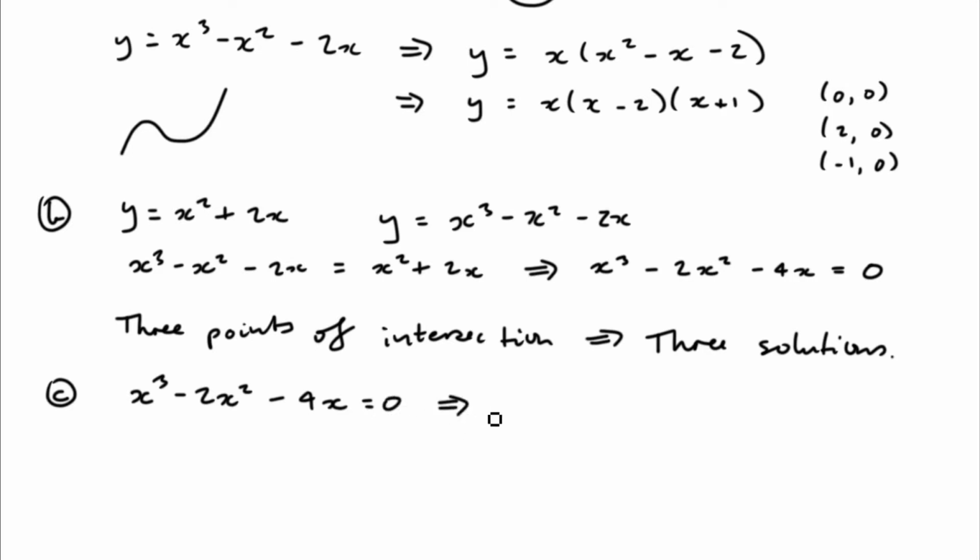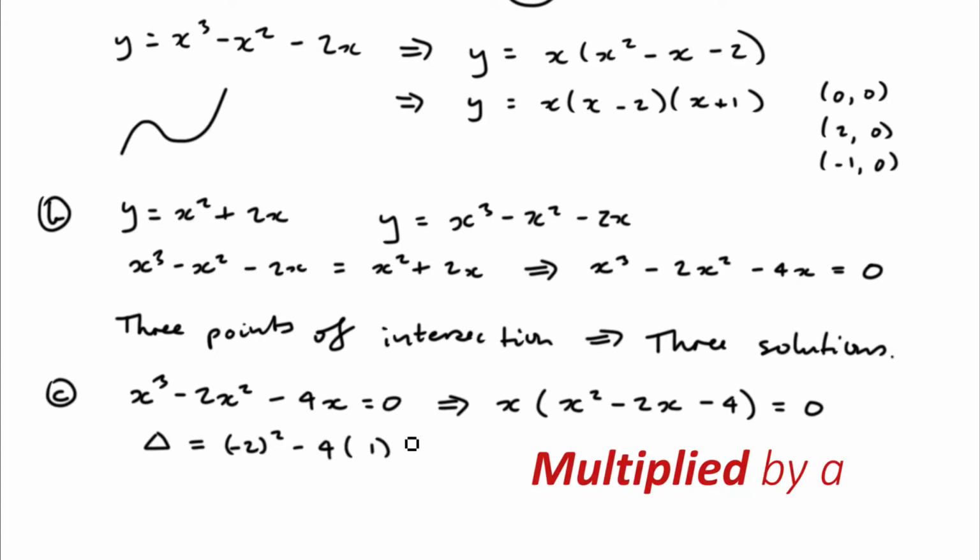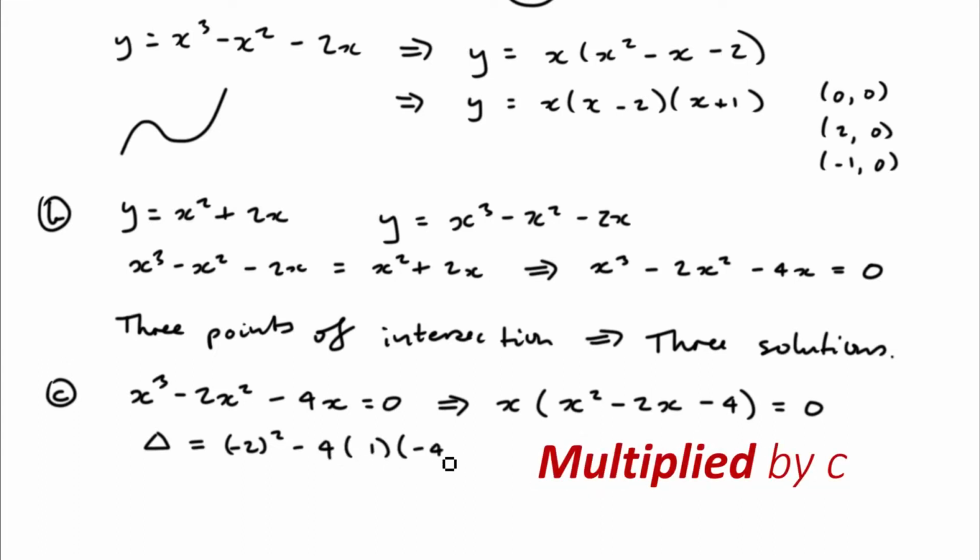We can factorize out an x from that, giving us x into x squared subtract 2x subtract 4 equals 0. Now this quadratic factor, are we going to be able to factorize that? I can't see an easy way to do it. Let's just quickly check its discriminant. Its discriminant is b squared, negative 2 squared, subtract 4 times a, which is 1, times c, which is negative 4.